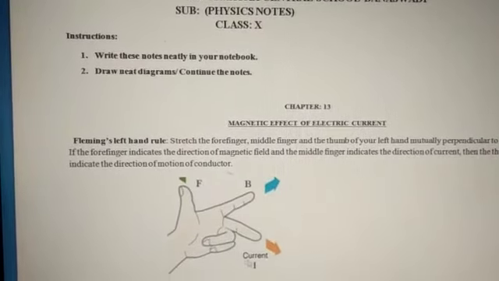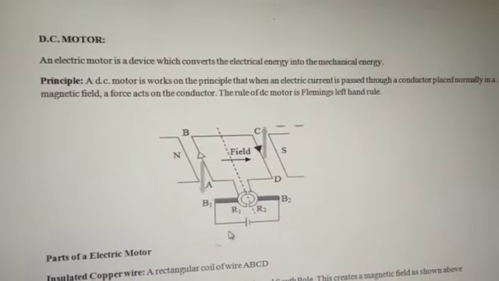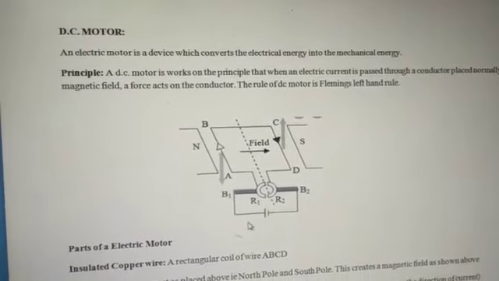That is what we term a motor. What is the principle behind it? The principle is the same as what we studied under the Lorentz force: when a current-carrying conductor is kept in a magnetic field, a force acts on the conductor.